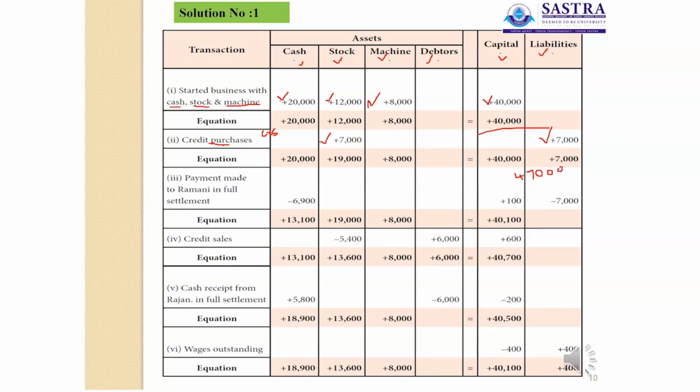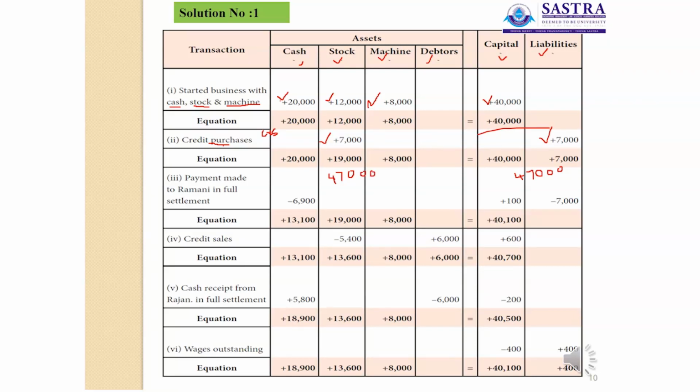On the asset side, 20,000 plus 19,000, 39,000, plus 8,000, 47,000. So the assets total is 47,000. Now the accounting equation is proved: assets is equal to liabilities, 47,000 is equal to 47,000.